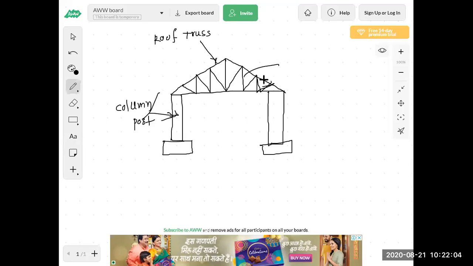These vertical members we are calling a strut. You can see this whole above part we call a truss. These vertical members we call a strut. This vertical post we call a column.